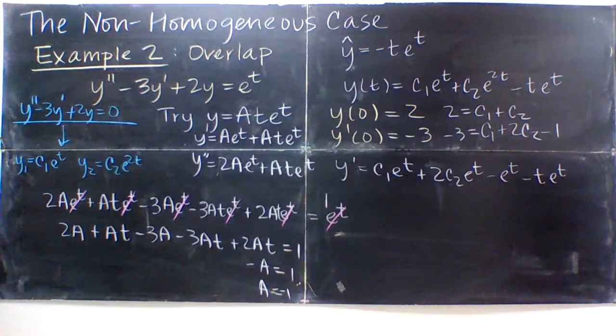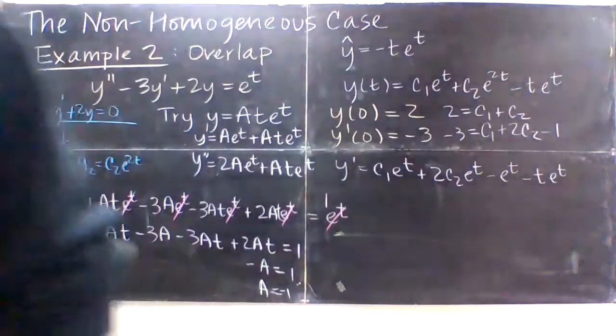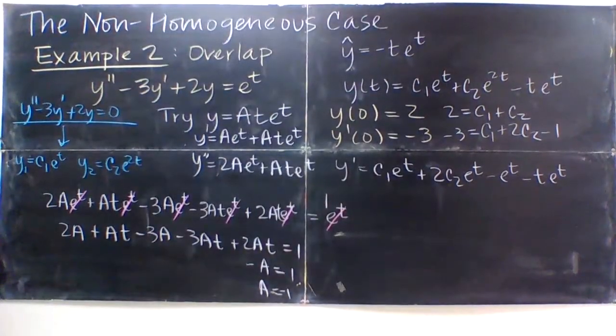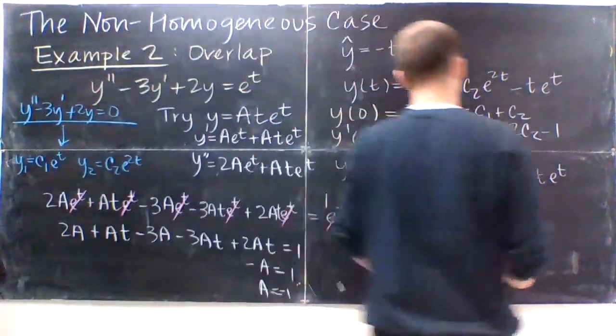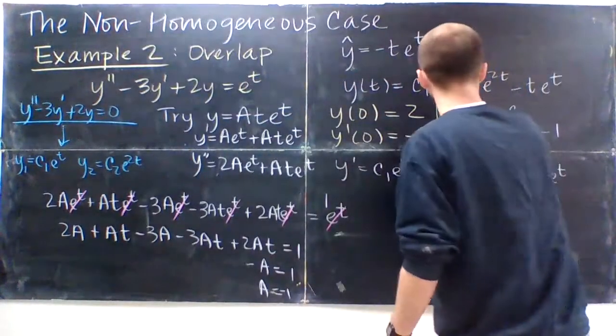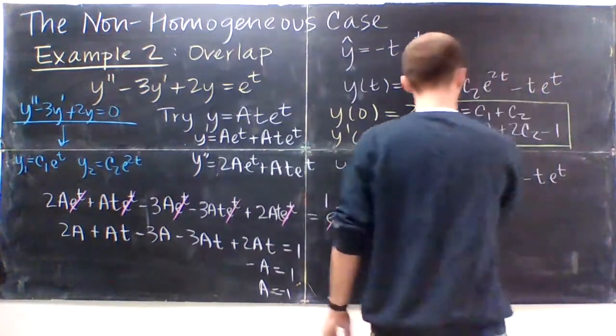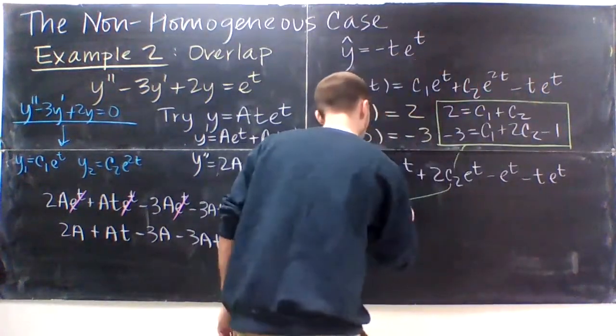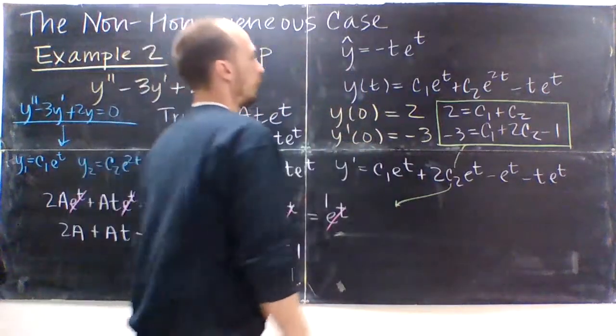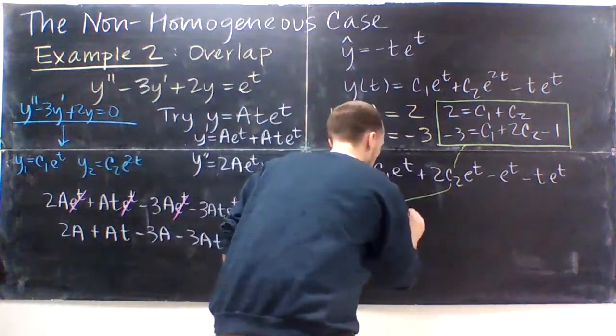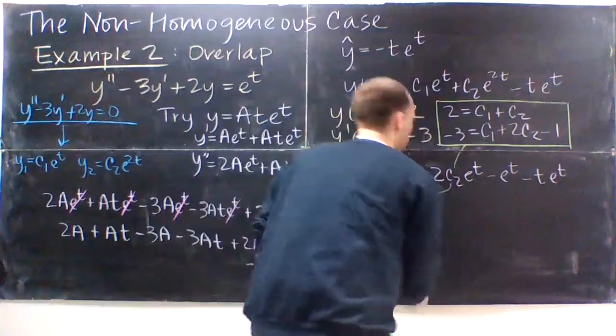So maybe I will do that. I'll grab a different color so you can see what I'm doing here. I'm going to take this and solve it down below. So I have 2 equals c1 plus c2.